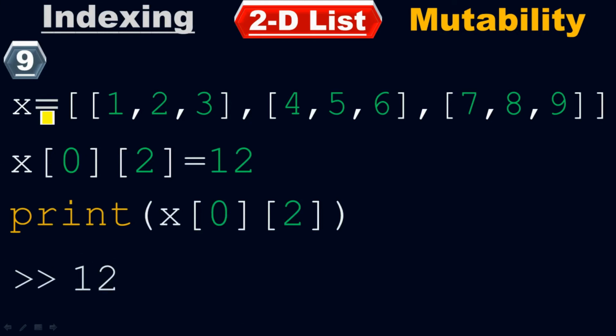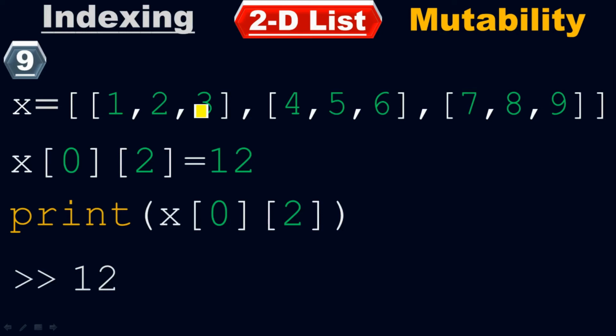Look, my given two-dimensional list is identified with the identifier x, the variable x. It is a placeholder which keeps this whole information in the computer memory. To access this information, we call this tag, this identifier, this variable.